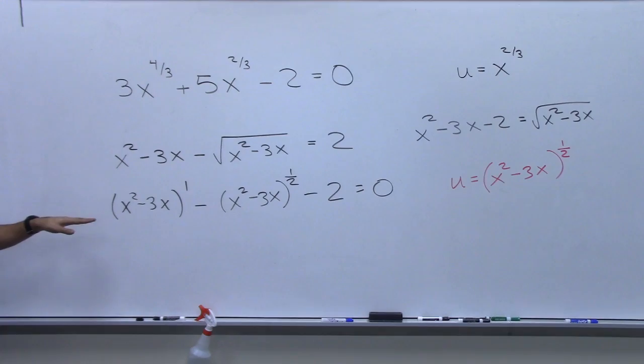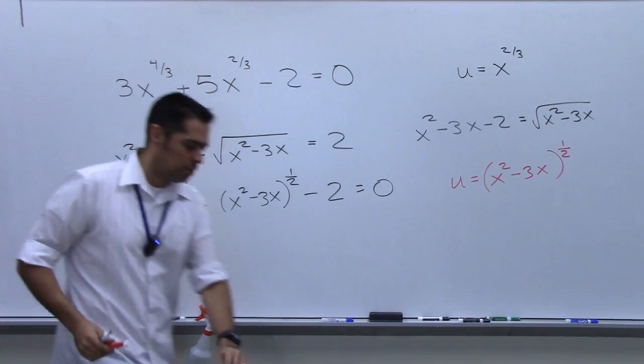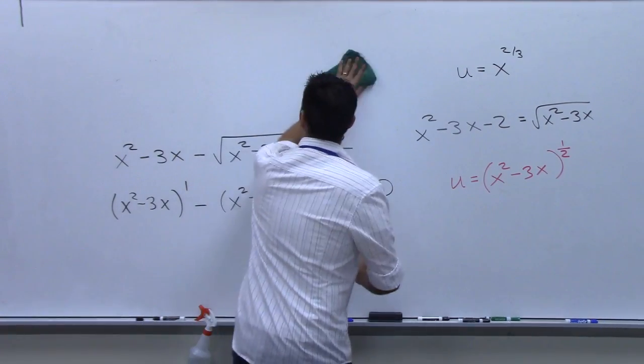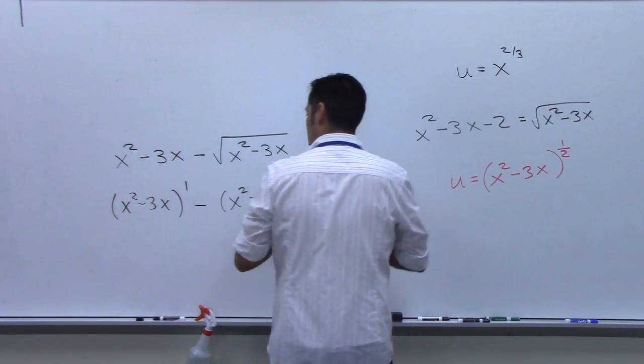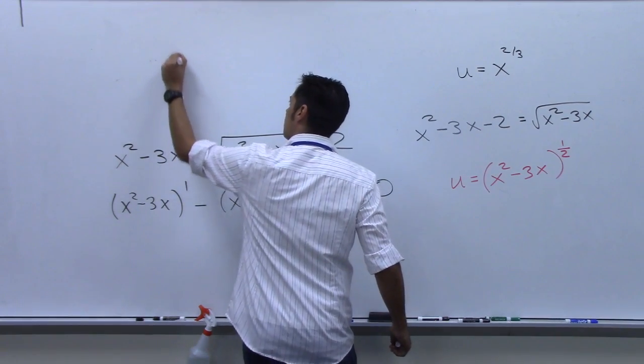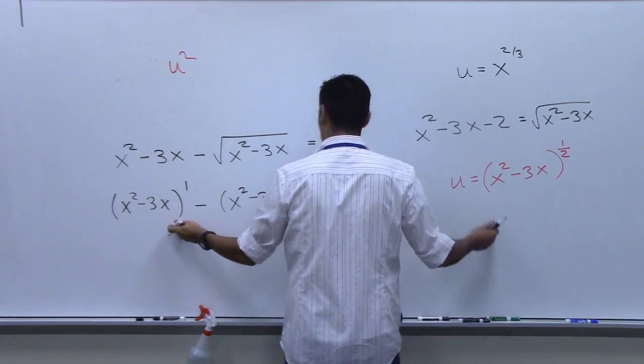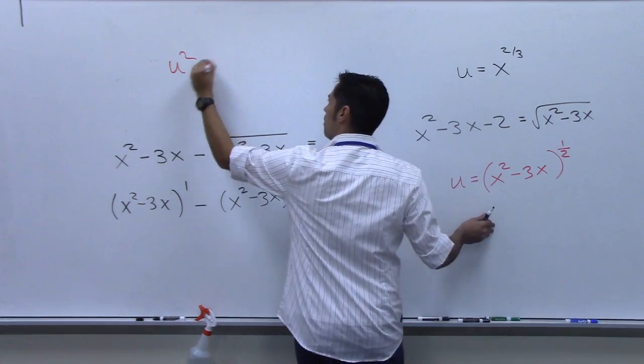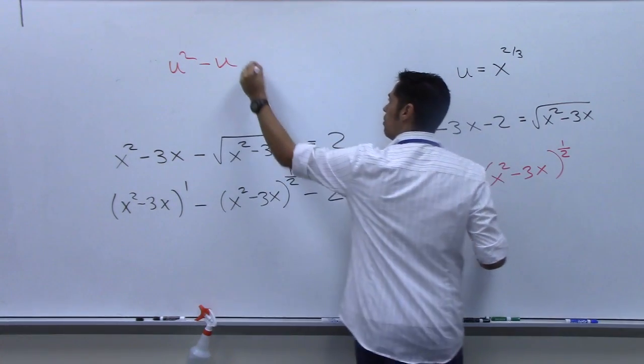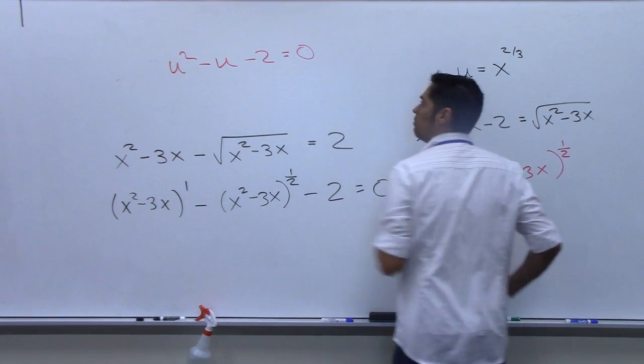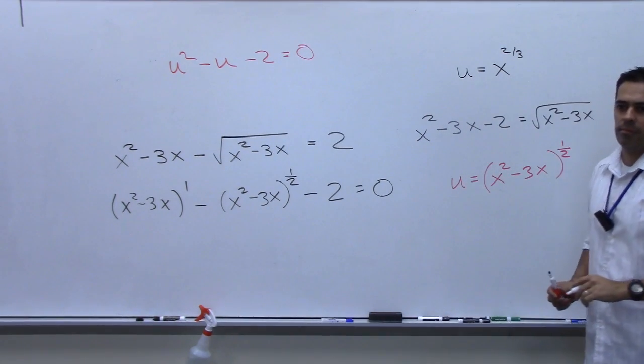So if I were to keep going with this problem, my next line would be what? U squared, right? Because that's u squared. Minus u minus 2 equals 0. You see it?